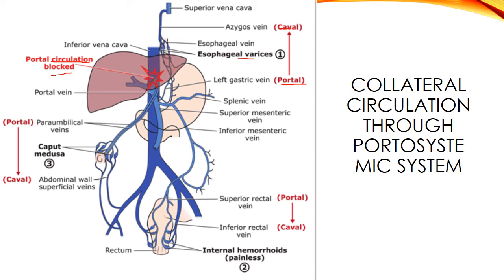Normally the direction of blood flow is unilateral from the caval to the portal circulation. But when the pressure inside the portal system is on a higher side, the blood flow will go in the opposite direction, and it will cause the veins near the lower end of the esophagus to blow up, and these dilated tortuous veins will represent the esophageal varices.